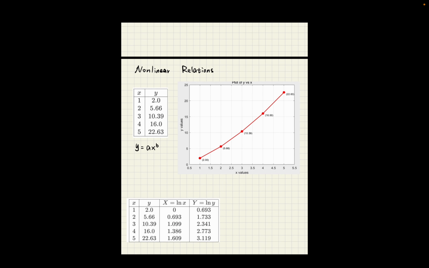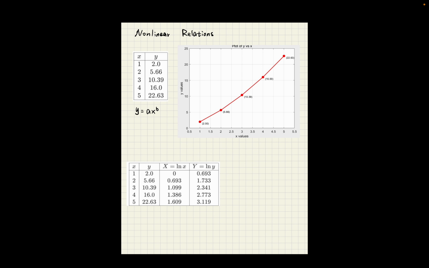What if you encounter something like this? Let's say these are the 5 points I got from DeepSeek. I told it to give me something non-linear to challenge myself.